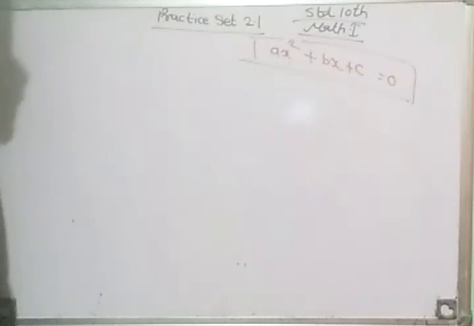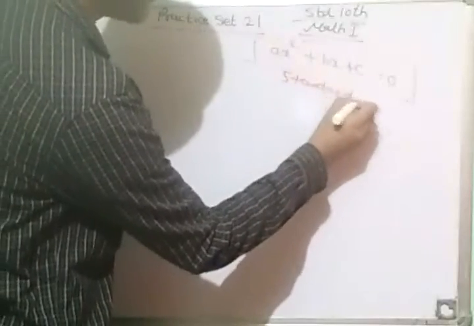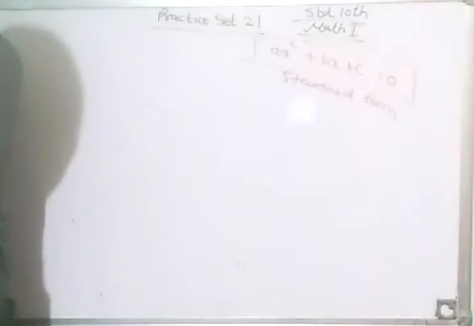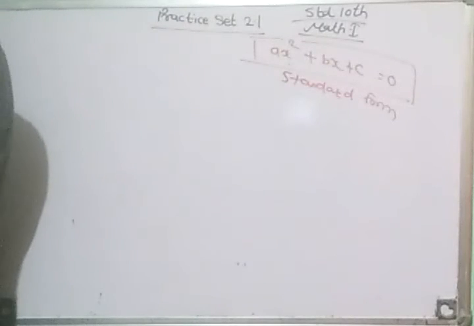We also call this equation by the standard form. So in the form ax square plus bx plus c is equal to 0, write the values of a, b, c for the equation.